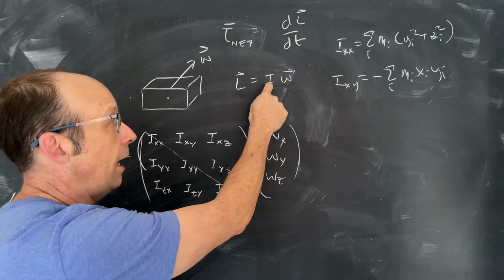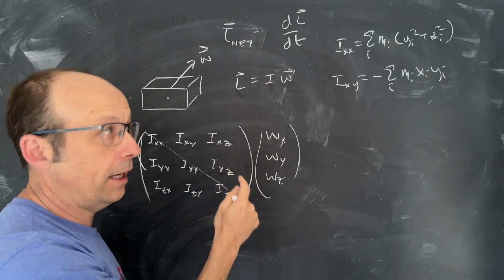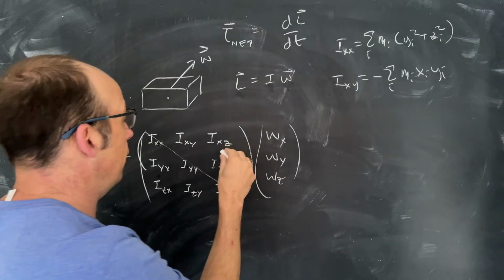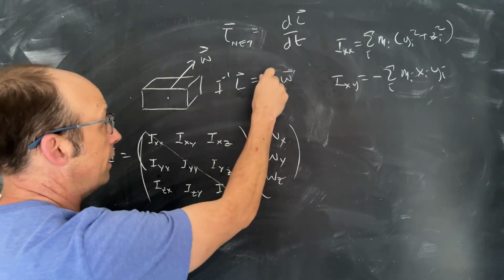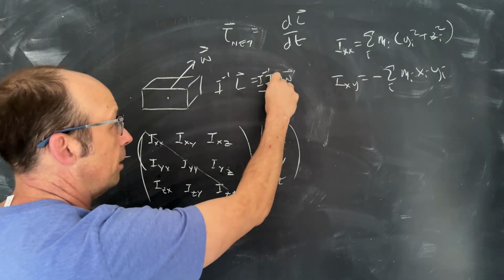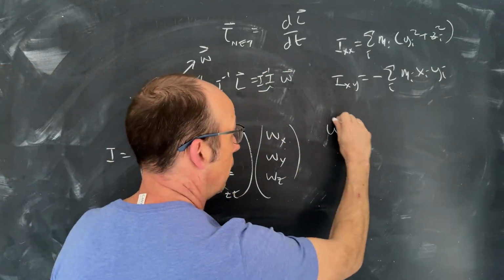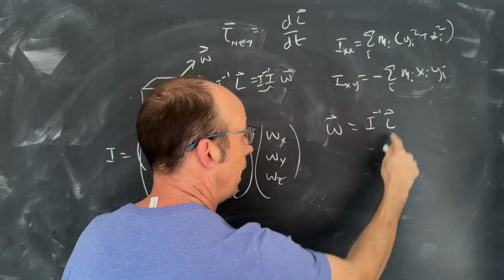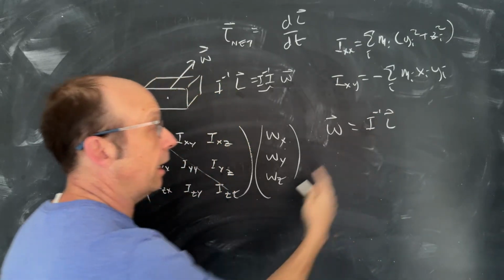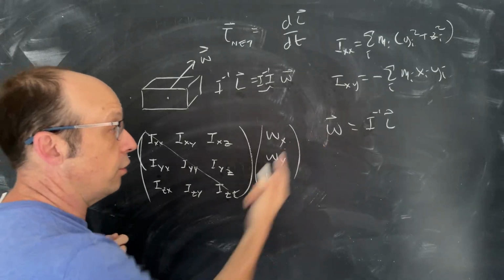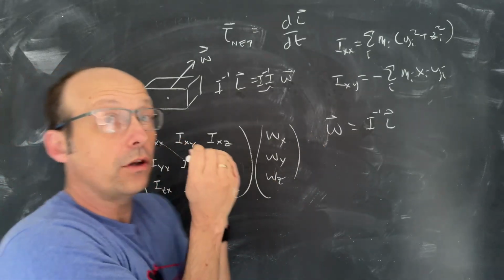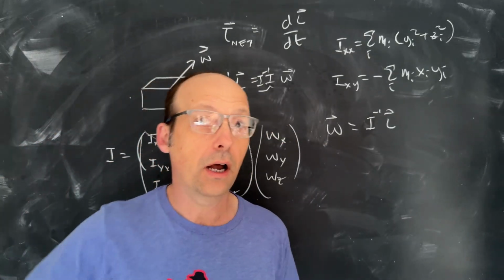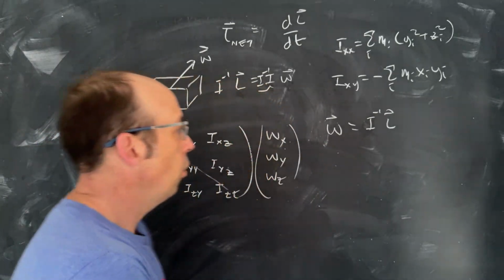If I know I and I know L, I have to find the new omega. So here's where we're going to have to find the inverse of the moment of inertia tensor. If I take the inverse of the moment of inertia tensor and operate that on both sides, this one becomes the identity matrix. So omega is going to be I inverse L. And L is a constant, so I need to recalculate I each time and then use that to find the new angular velocity. With the new angular velocity, I can rotate the object and then calculate the new moment of inertia tensor again. Okay. Whew, that's a lot of work.